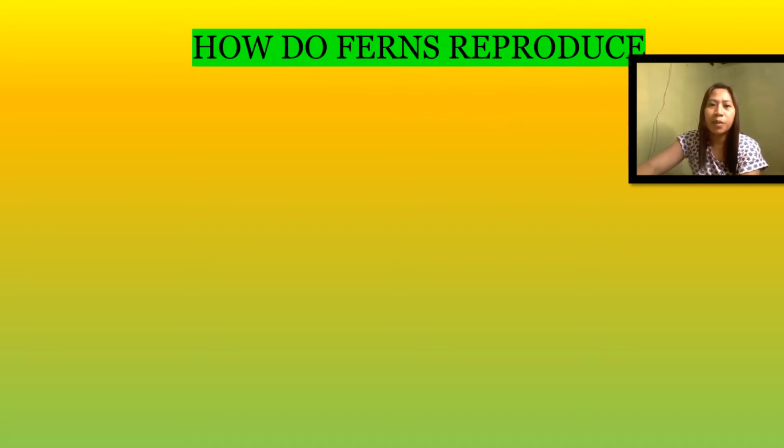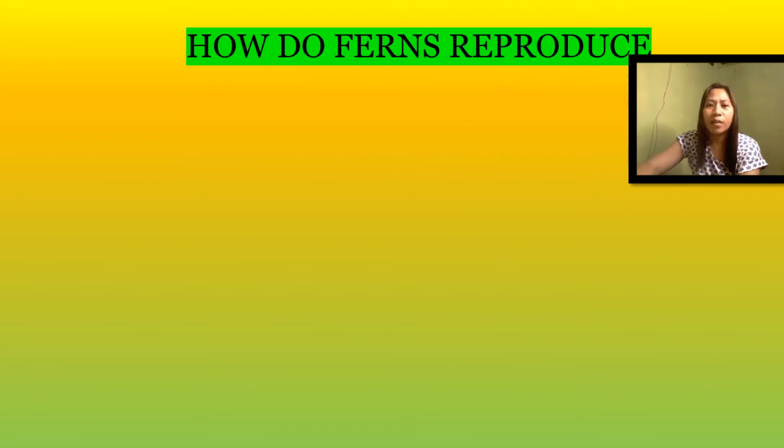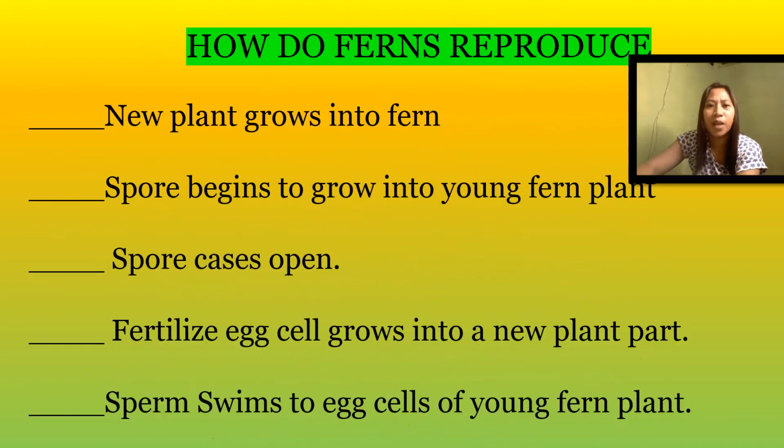Before we proceed with our lesson, let us have first a simple activity or assessment, which is also found in your module on page 8. I want you to arrange the following steps in the life cycle of a fern using ordinal numbers.